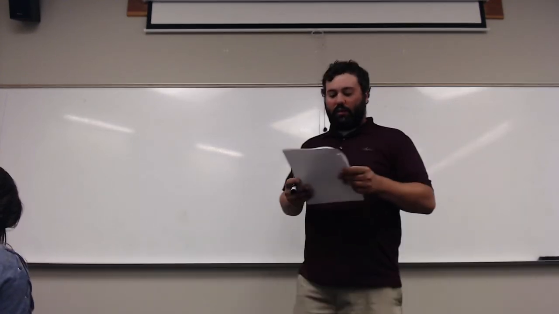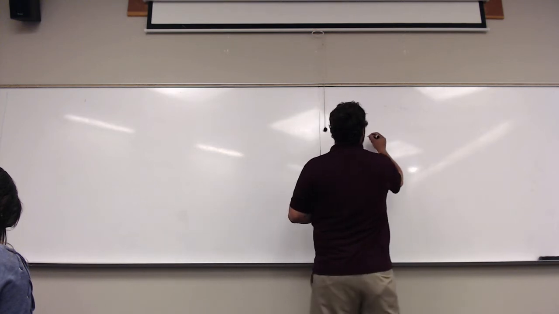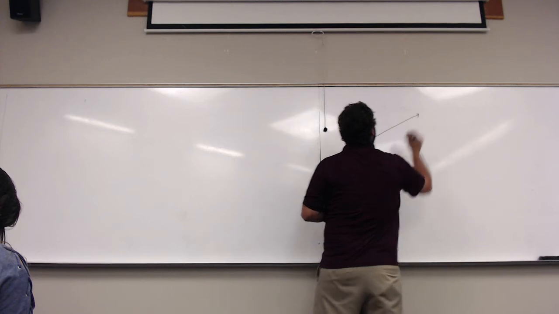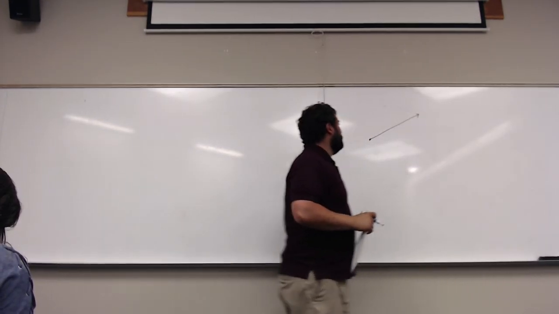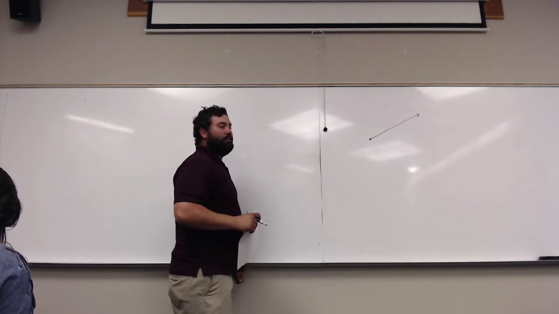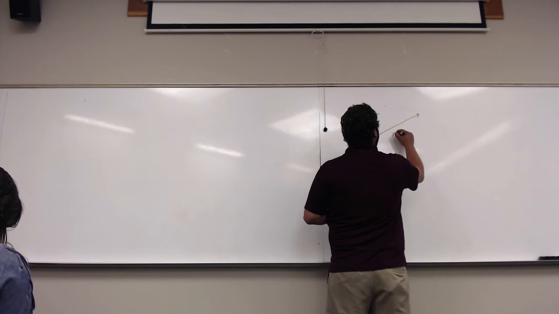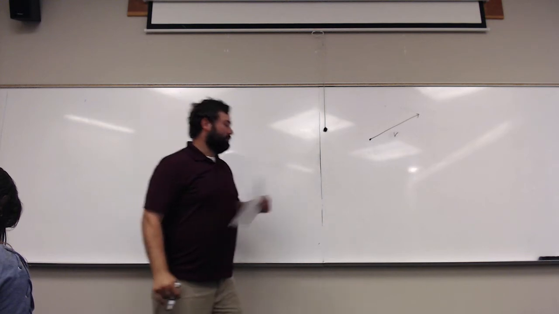And then scalar multiplication. First of all, let me just draw a vector for everybody. A vector always has a starting point and a finishing point. Its length is called the magnitude. So one thing I can do is label this the vector v. That's the natural choice for a letter for a vector.